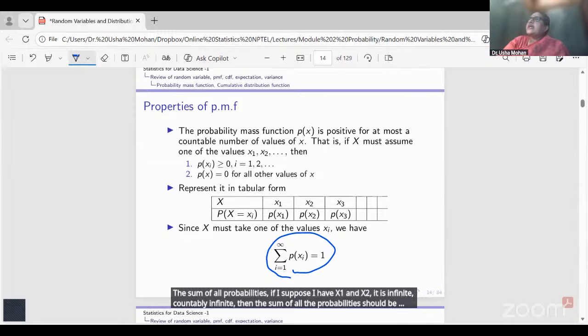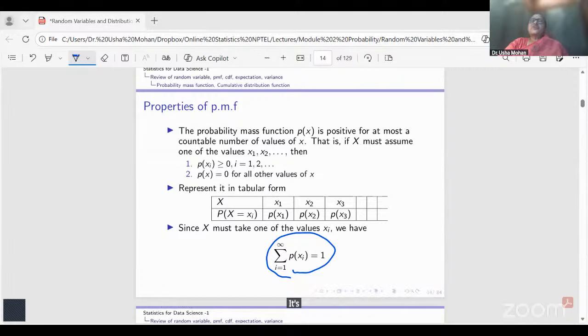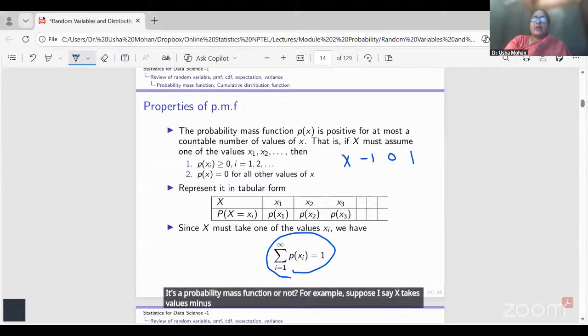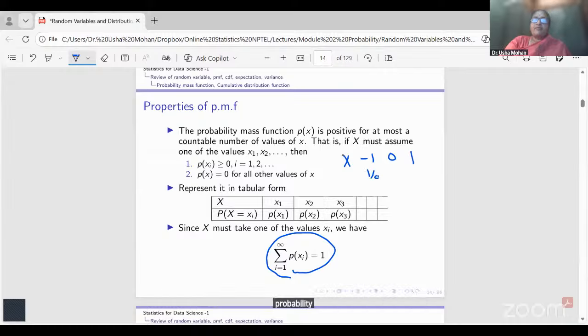Why is this important to you? You might have seen problems where you are asked to verify whether a particular function is a probability mass function or not. For example, suppose x takes values -1, 0, 1 with probability 1 by 4, -1 by 4 and 1. Is it a probability mass function?